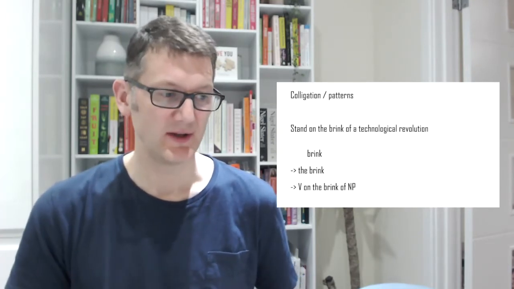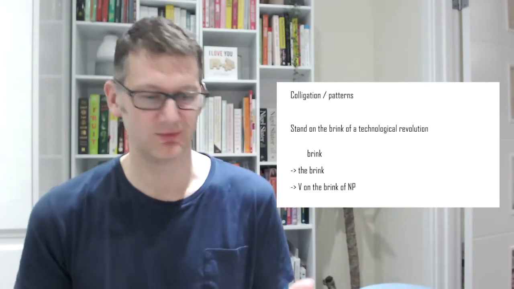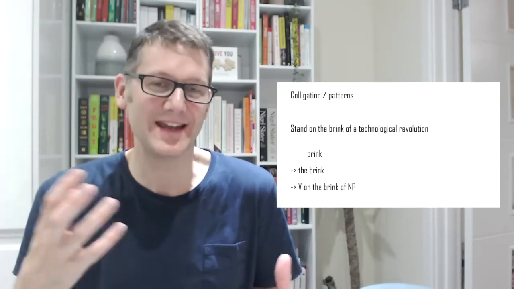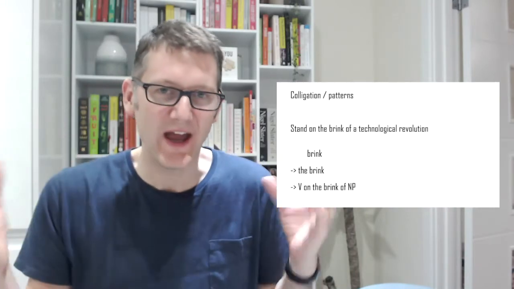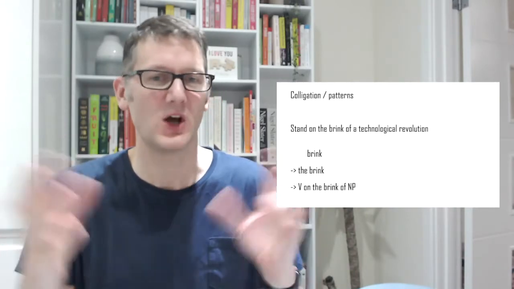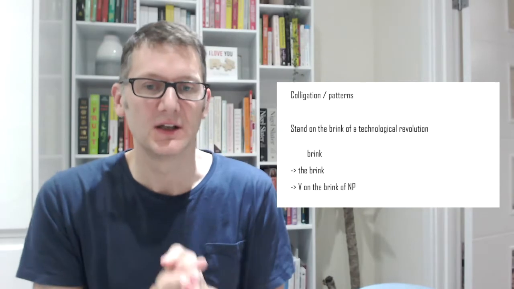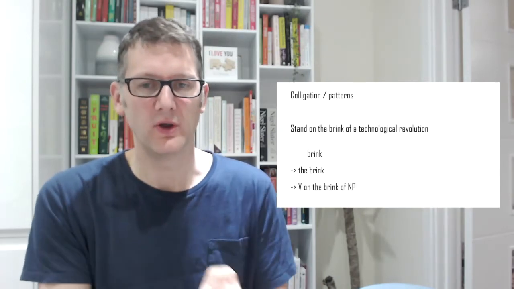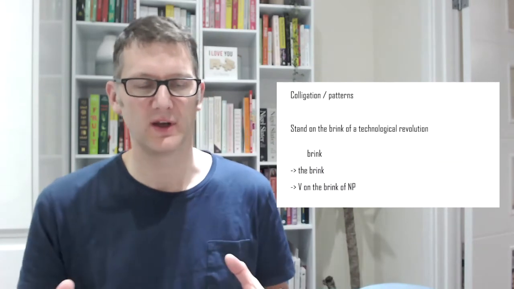And you might think, what's the difference between on, in, at? It may be really difficult to get your head around those concepts anytime in your life, but whenever you meet the word brink, you'll notice it's on the brink of something.